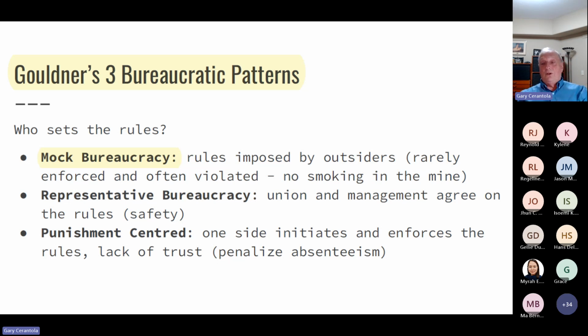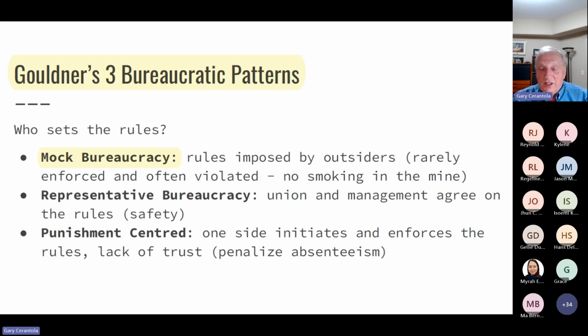So here's an example, rules imposed by outsiders, and rarely enforced and often violated. No smoking in the mine, right? So no smoking in the mine is imposed by the OHS, the Occupational Health Safety. It's forced by norms, in terms of we don't want people smoking like they used to, and it's dangerous. So that's a mock bureaucracy. It's not like the company saying you shall not smoke and that's the procedure. It's being forced on the outside, right?